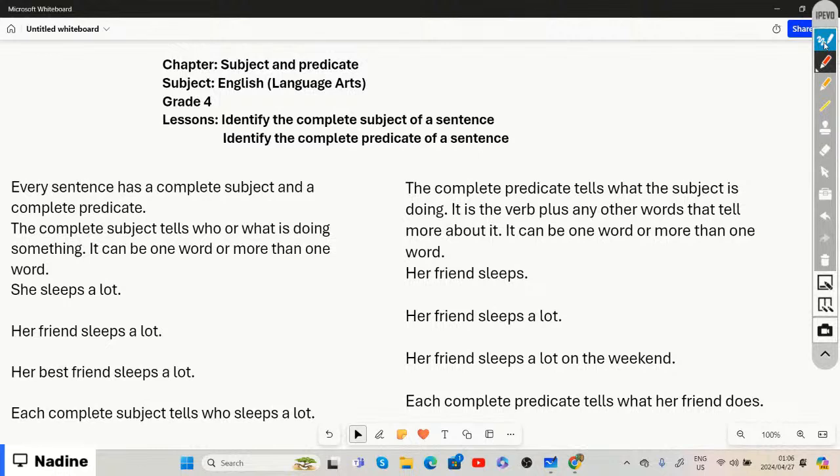And a complete subject, right? It tells us who or what is doing something. It can either be one word or it can be more than one word.